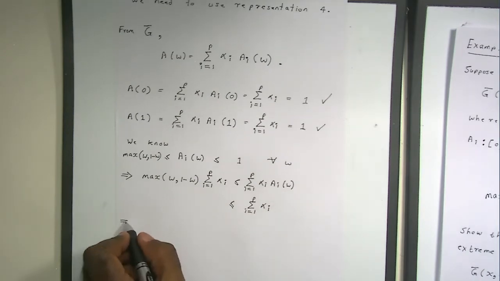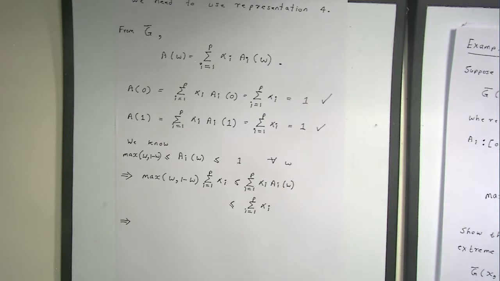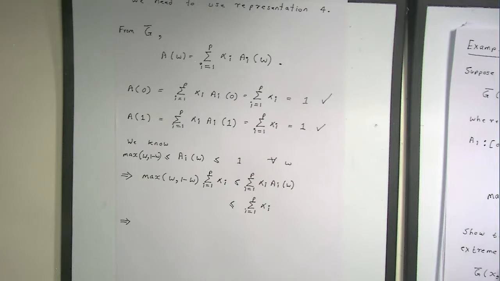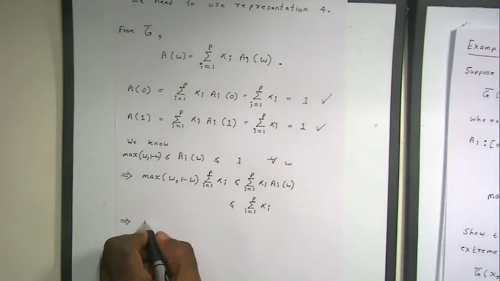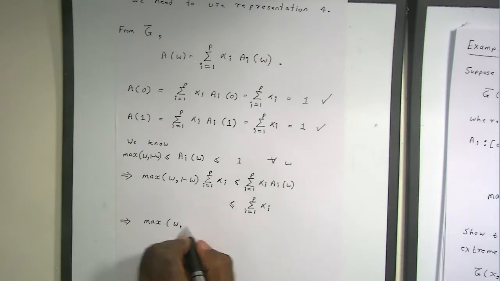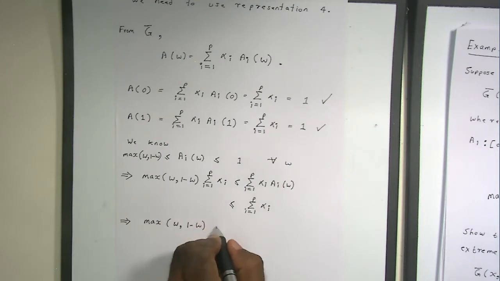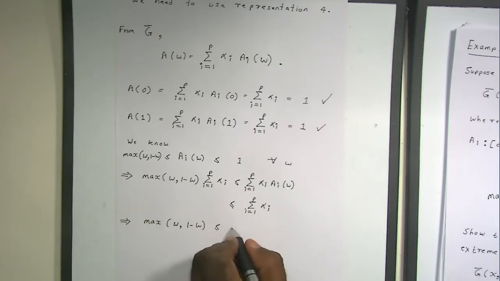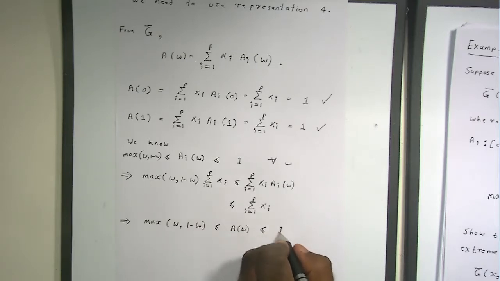Now we know that the sum of alpha I is equal to 1. That's one of the conditions given here. The sum of alpha I is equal to 1. So this becomes satisfied. So the first three conditions are satisfied.